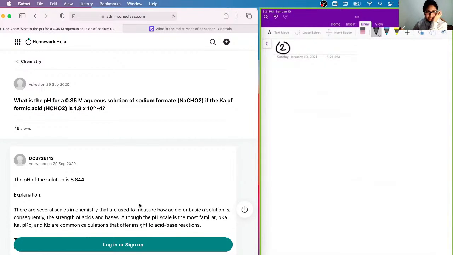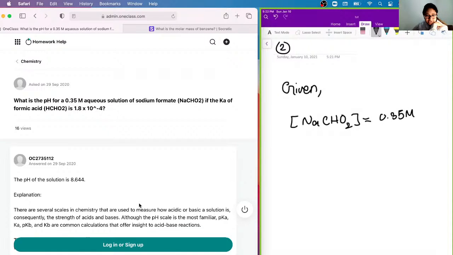Guys, what is the pH? So what is the pH for a 0.35 molar aqueous solution of sodium formate? I'll just write given. That's what we know. We know that the concentration of sodium formate, which is NaCHO2, is 0.35.